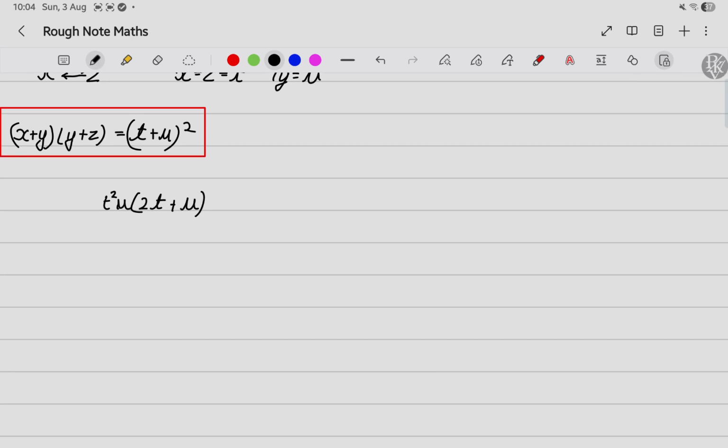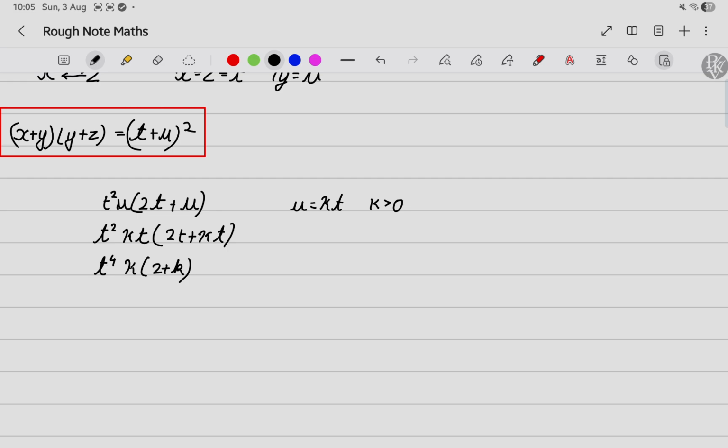So what I'm going to do is set u equal to kt, where k is greater than 0. So it can be anything, any fraction or anything like that. That's fine. So instead of u, I'm going to put kt here. I'll get t square times kt times (2t + kt). Taking t as common, I'll get t raised to 4 times k times (2 + k).